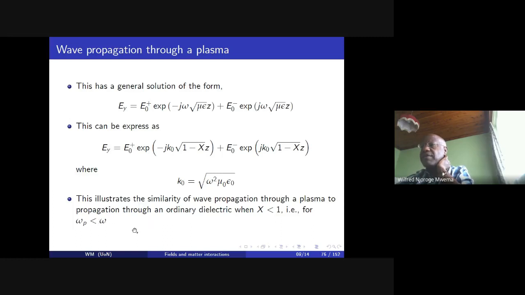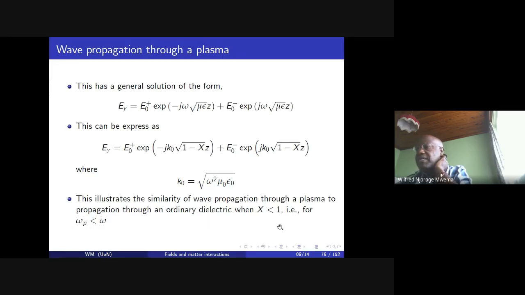That is, if the frequency of the field is higher than the plasma frequency, then this expression will be imaginary, and therefore we get just minus jk naught multiplied by z, or a small positive value multiplied by z.